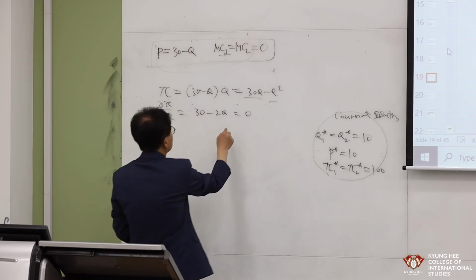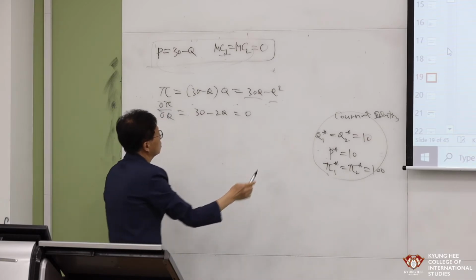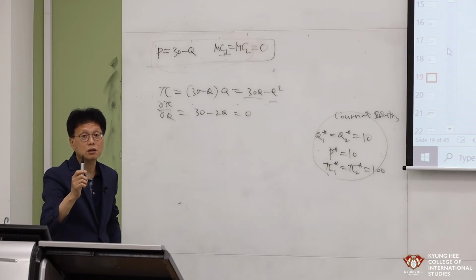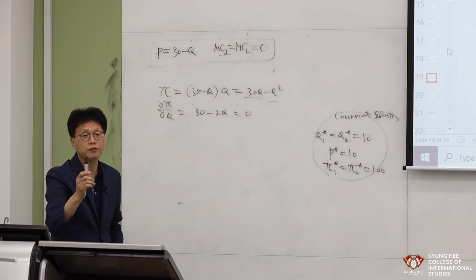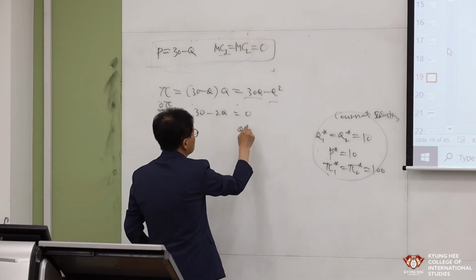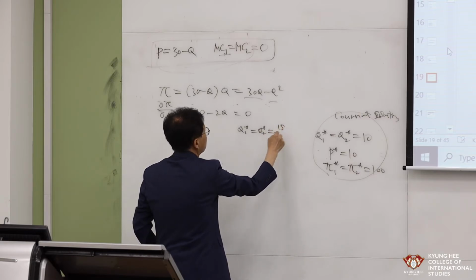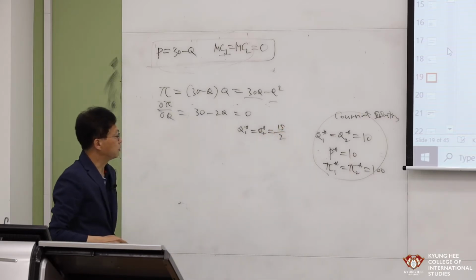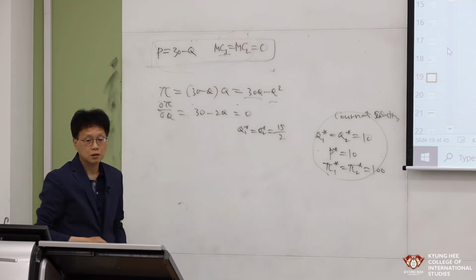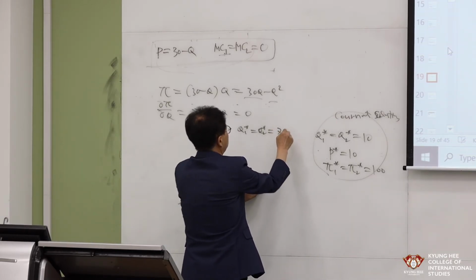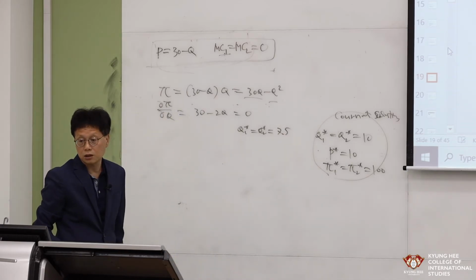So in other words, Q star is equal to 15. 15 production shared by two firms. Q1 plus Q2 is 15. So Q1 star is equal to Q2 star, 15 over 2, 7.5, right? That is 7.5. That is the collusive outcome, isn't it?